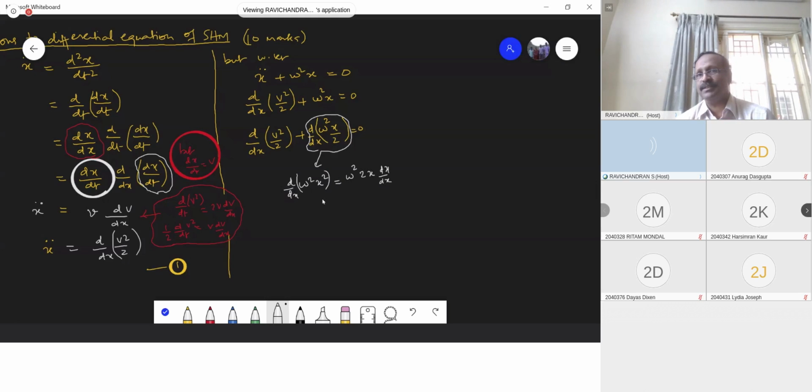Correct? dx by dx will become 1. So I can write here 1 by 2 d by dx of omega square x square is equal to omega square x. So instead of omega square x here, I have substituted this value.